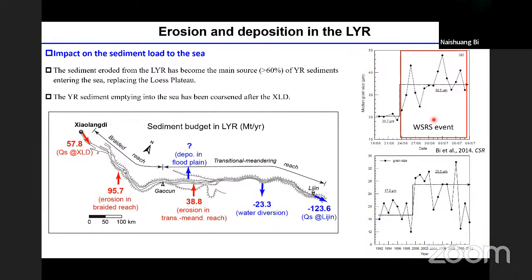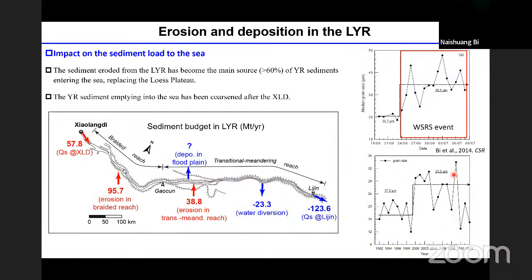This is the grain size variation during one water sediment regulation scheme. It is much coarser than the period before this scheme. As a result, the grain size of the suspended sediment to the sea also increased by more than 50%, from around 17 microns to 25 microns.